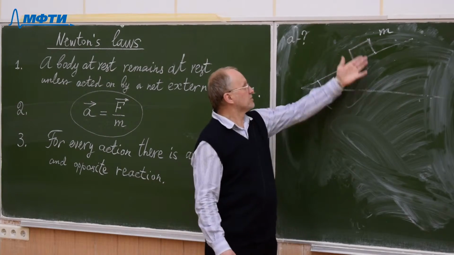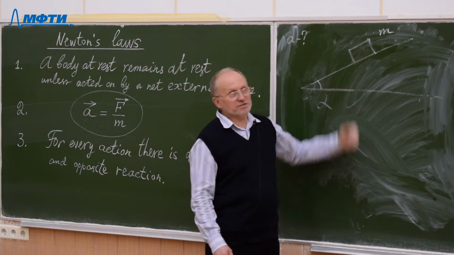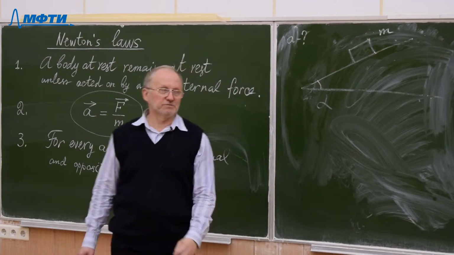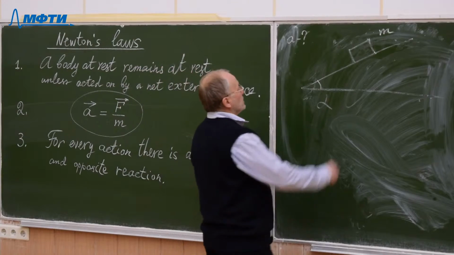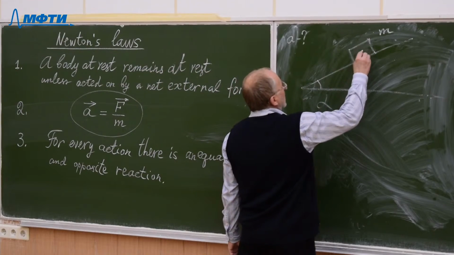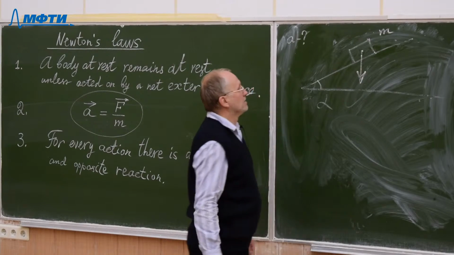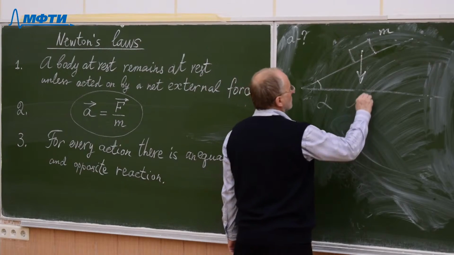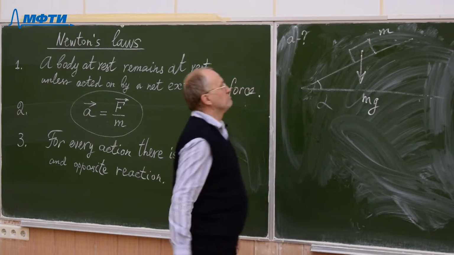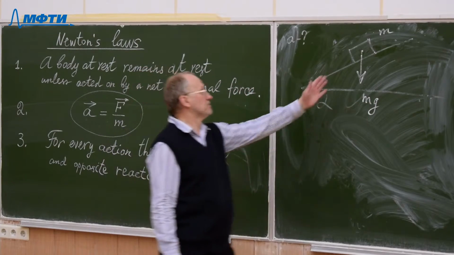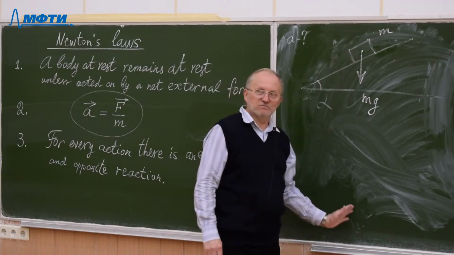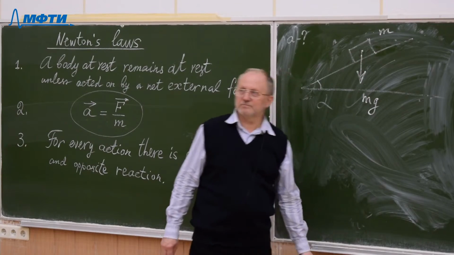What interactions are involved in this situation? First, this body is attracted by the Earth. This is the gravity pull mg, directed vertically downward, to the center of the Earth.